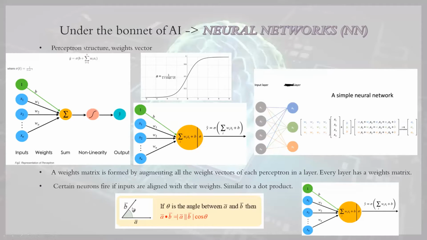If two vectors are aligned, then the dot product will have a high value. If they are far apart, like 90 degrees, then the dot product will be 0. So the weights of a certain neuron are trying to check whether this input is aligned with its weights. This is what we mean when we say different neurons are learning different aspects of the input data. Different neurons will have different weights.